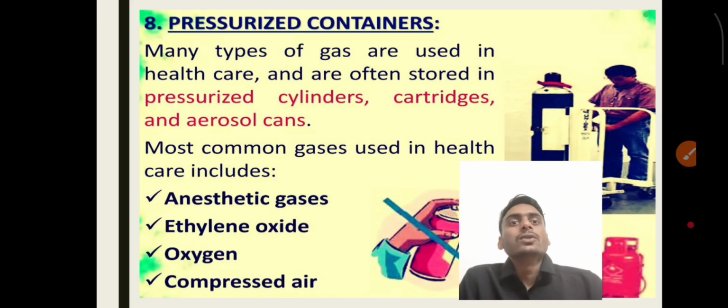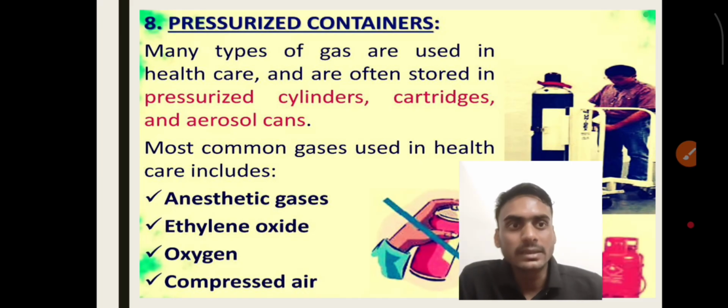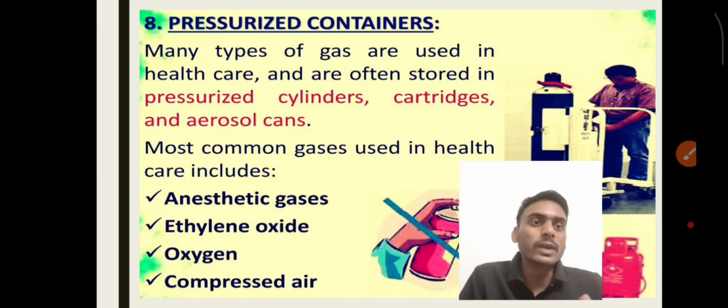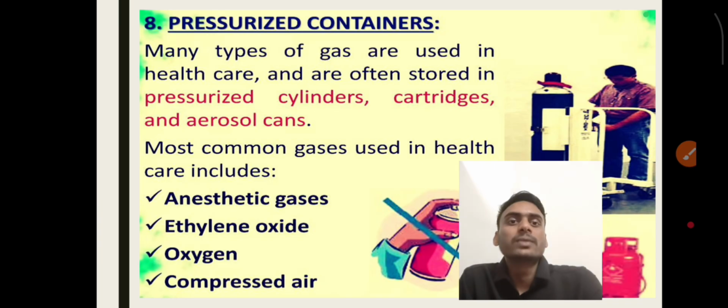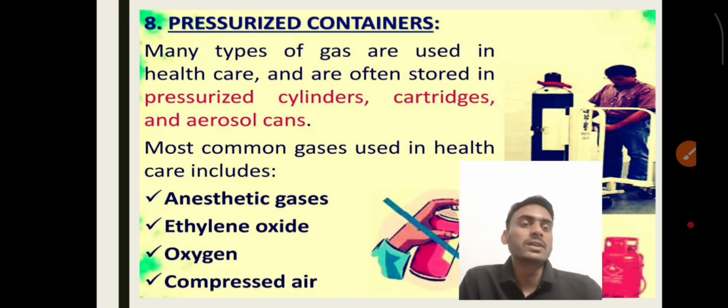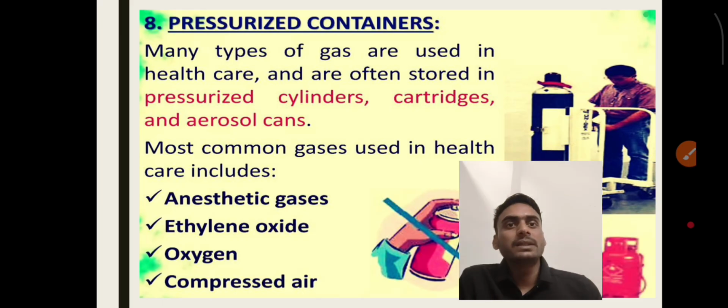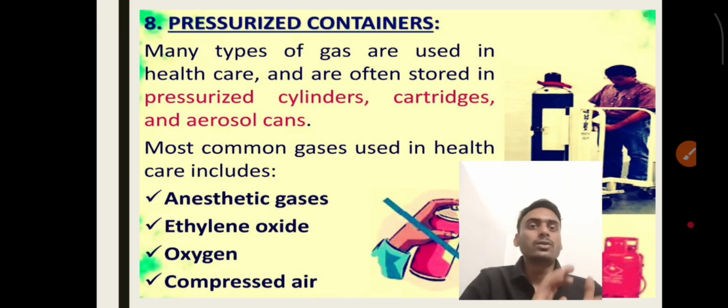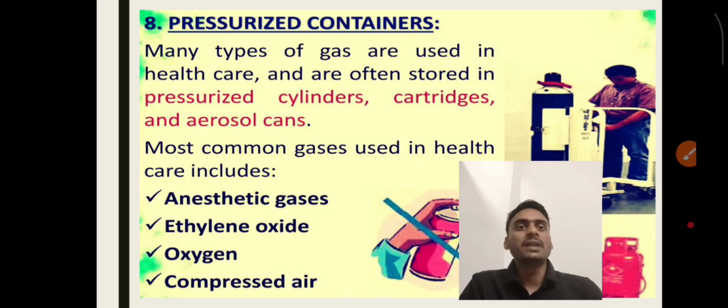The most common gases used in healthcare are anesthetic gases, because before any kind of surgery we first do the anesthesia. Ethylene oxide, oxygen, or compressed air are used for the patient or in the hospital environment. So this is a basic thing we have to put under pressurized container.